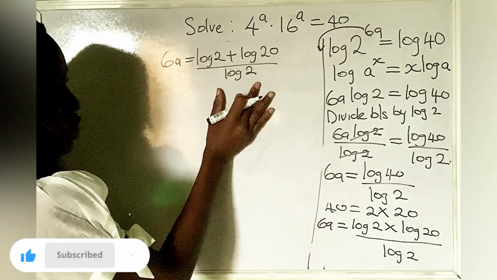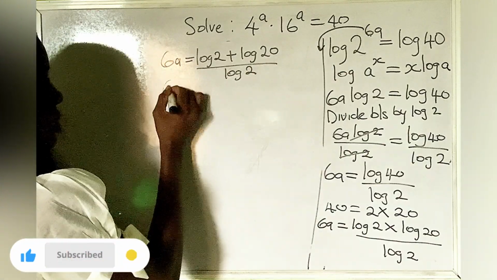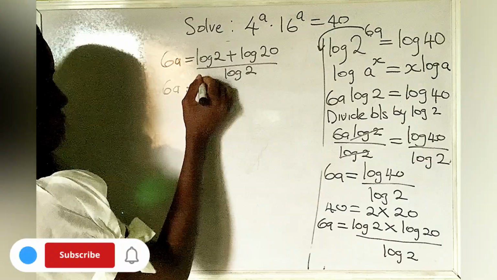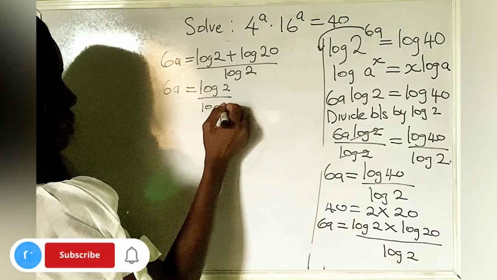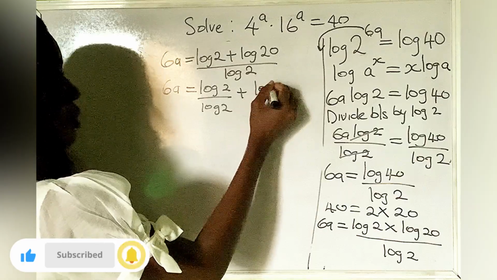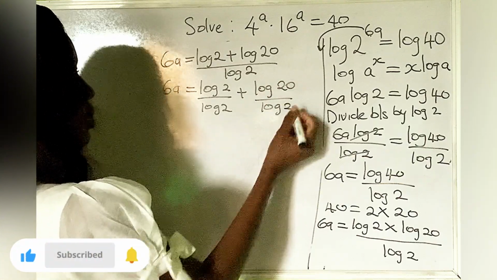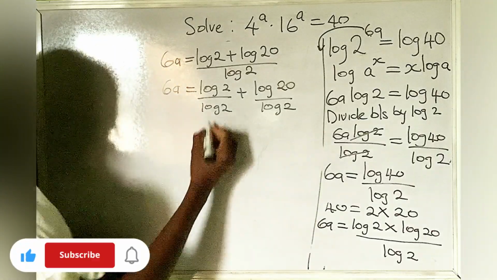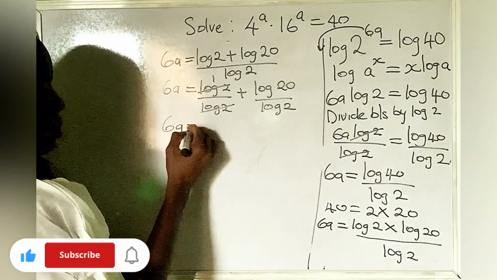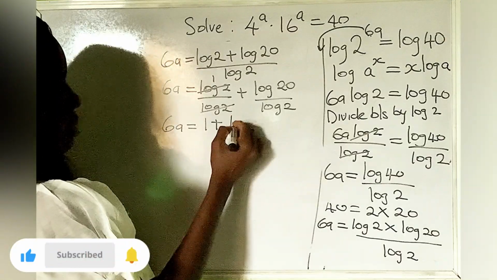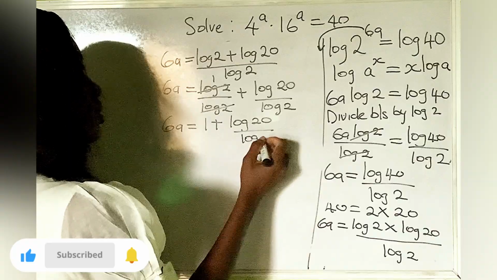Now, because this denominator covers both log 2 and log 20, we can separate it. We can say 6a is equal to log 2 over log 2 plus log 20 over log 2. So log 2 cancels log 2 and gives you 1. So we have 6a is equal to 1 plus log 20 over log 2.